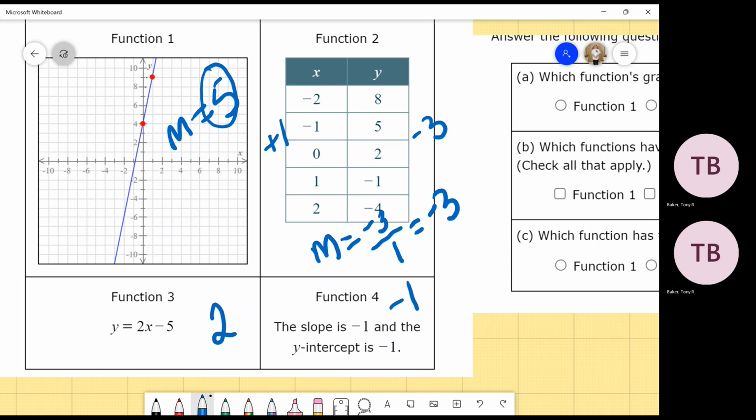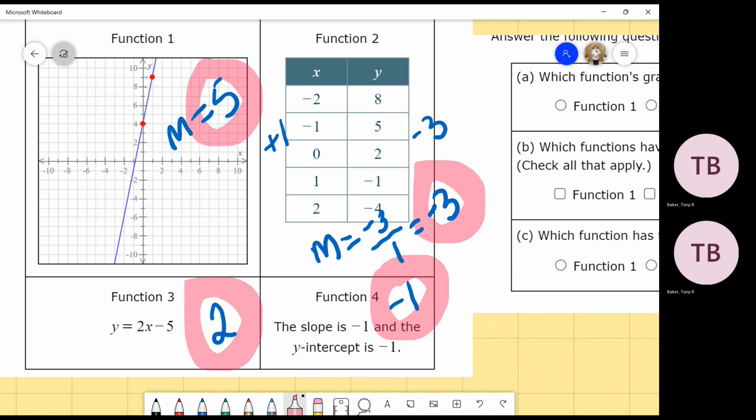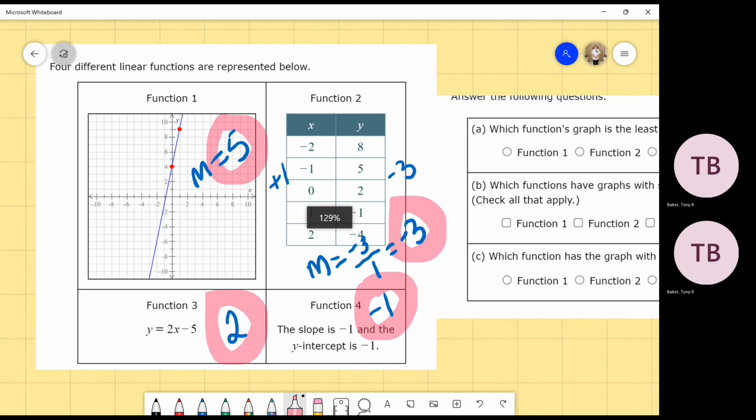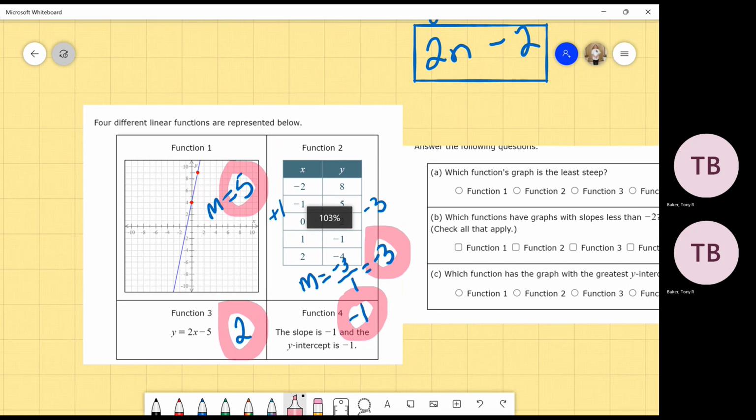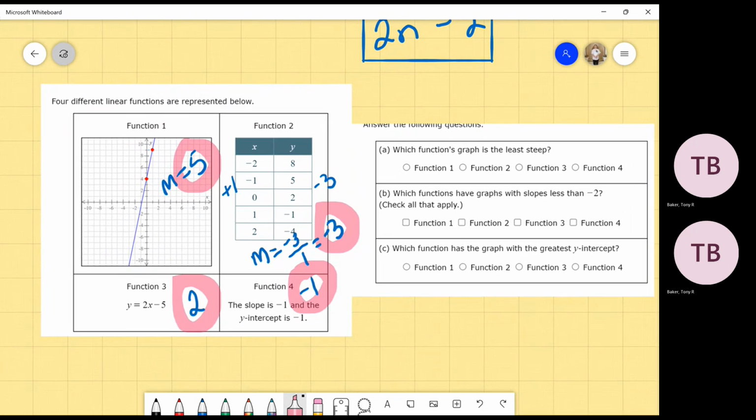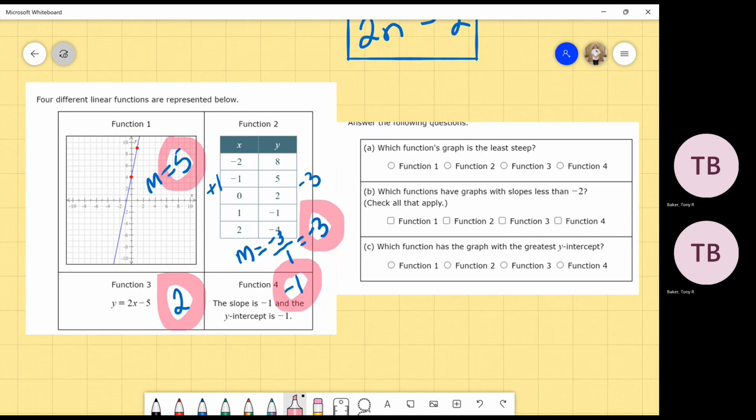Okay, so my slopes are 5, 2, -3, and -1. Those are my slopes. So the least steep.